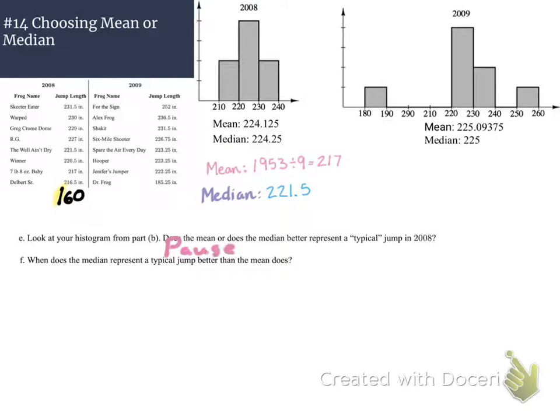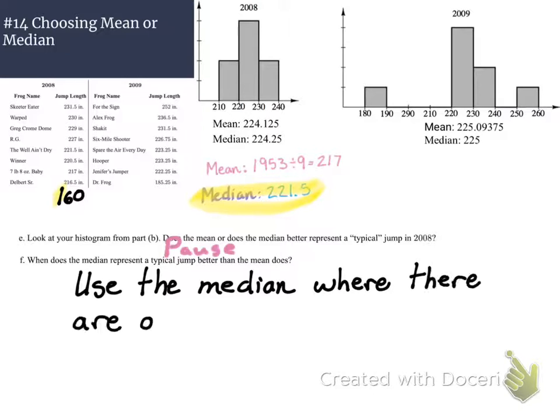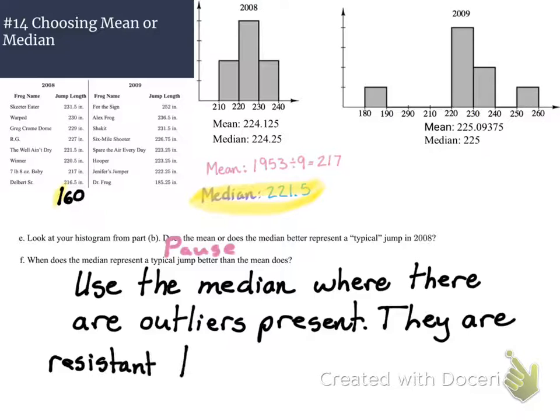And this is a very important thing to know. The median is better to use when there are outliers present. So if you were to see an outlier, for example, in this case, either 2009 or 2008 with that big outlier down at the bottom, the median's better, and that's because it's resistant to those outliers.